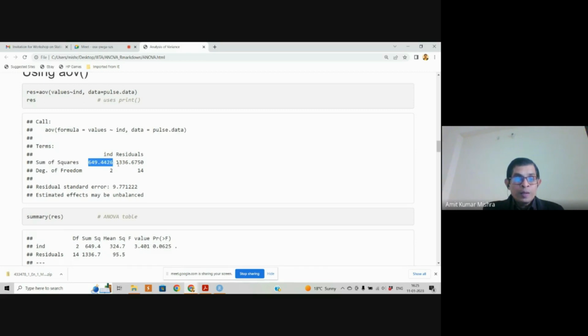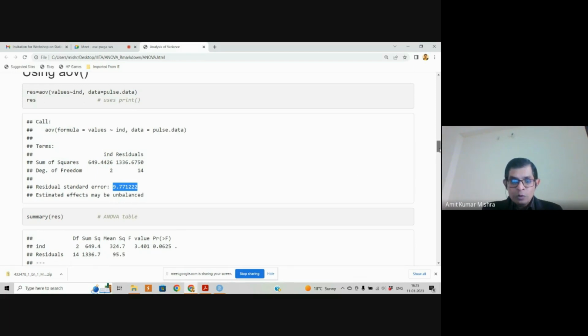First one, second one. See, it is using the name residual. Residual stands for error sum of square in our slide. And these are the degrees of freedom. And this is the standard error of the residual. This is nothing but 1336.6750 divided by 14. Nothing there.